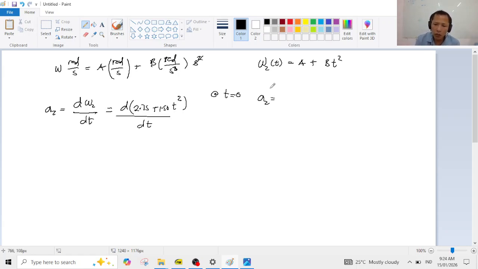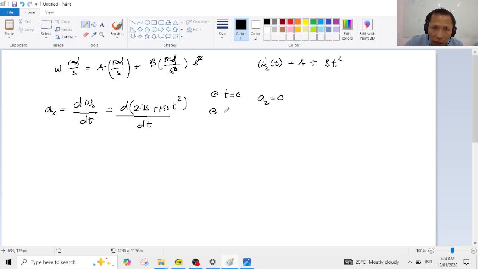On your calculator, in computation mode, you have the derivative function. You type 2.75 plus 1.50 x squared, and then put your limit, t as 0. At t equals 0 you get 0.